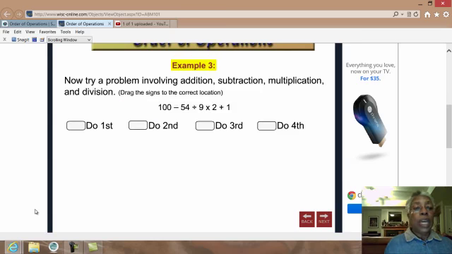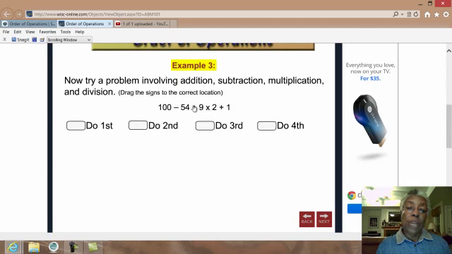Example 3. Now try a problem involving addition, subtraction, multiplication, and division. Drag the signs to the correct location. Okay, we start off with 100 minus 54 divided by 9 times 2 plus 1.